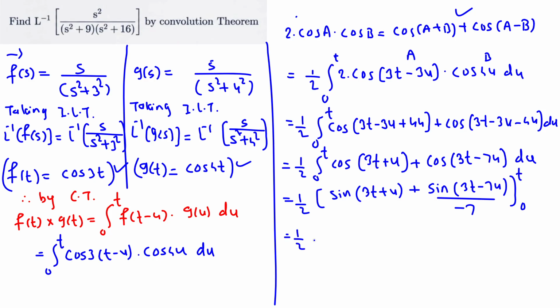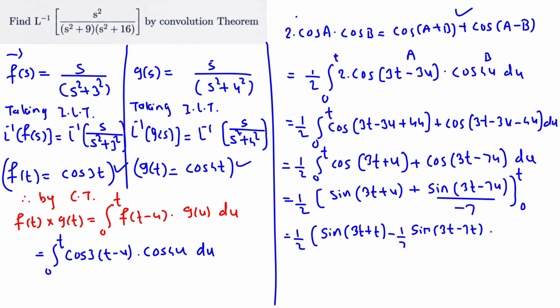So 1 by 2 in bracket, instead of u now put t, so you will get sine(3t plus t), plus, minus I'm taking outside, or minus 1 by 7, here also sine(3t minus 7t).